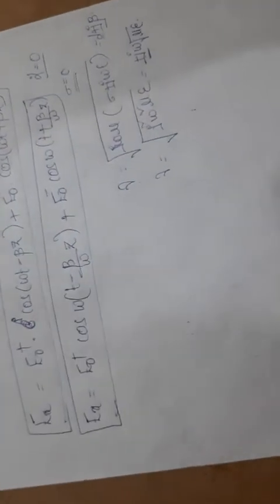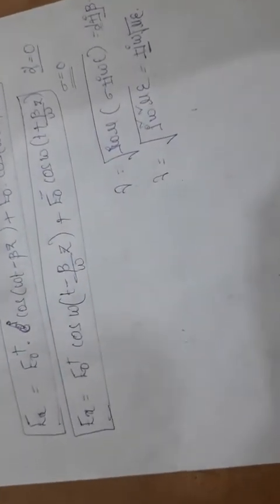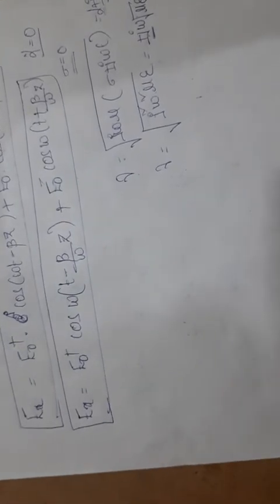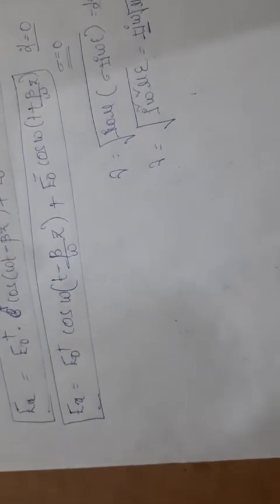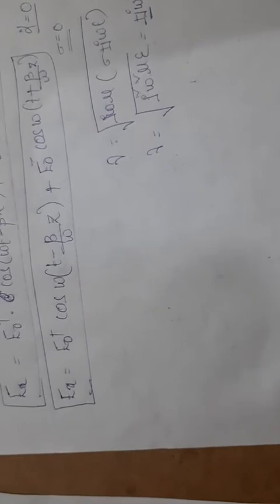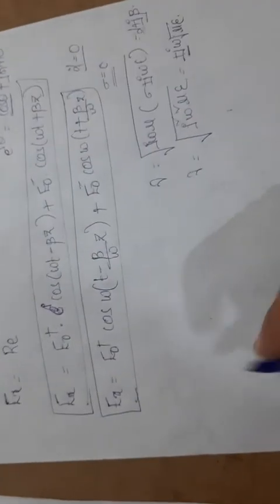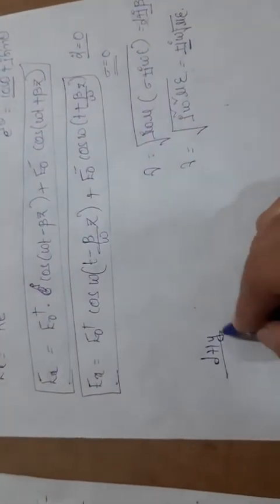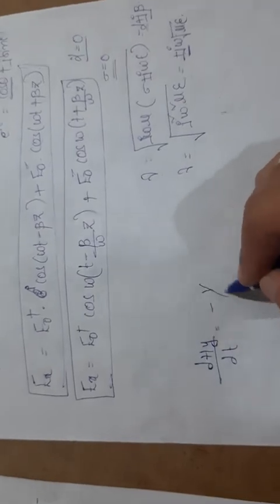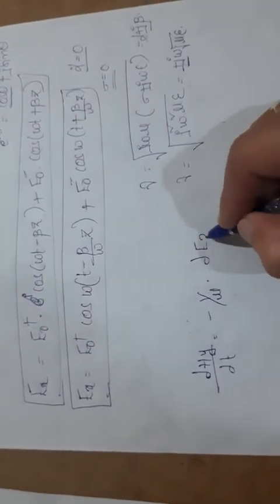Now how to get the Hy? Hy can be obtained by substituting Ex in the equation ∂Hy/∂t. We already got ∂Hy/∂t is equal to minus 1 by mu, equation 1 I think, not 1, this is equation 4.